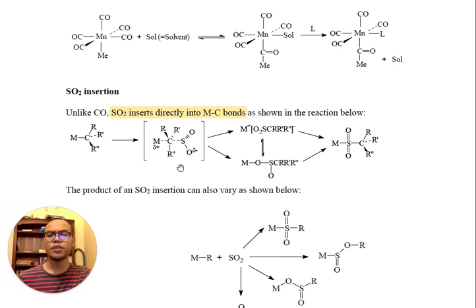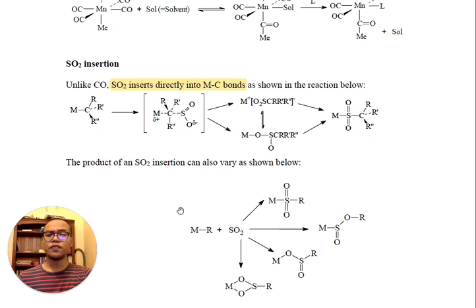So there is no formation of an acyl complex, no such thing. It will be directly bonded, forming and rearranging themselves in such a way to form your sulfur dioxide complex.